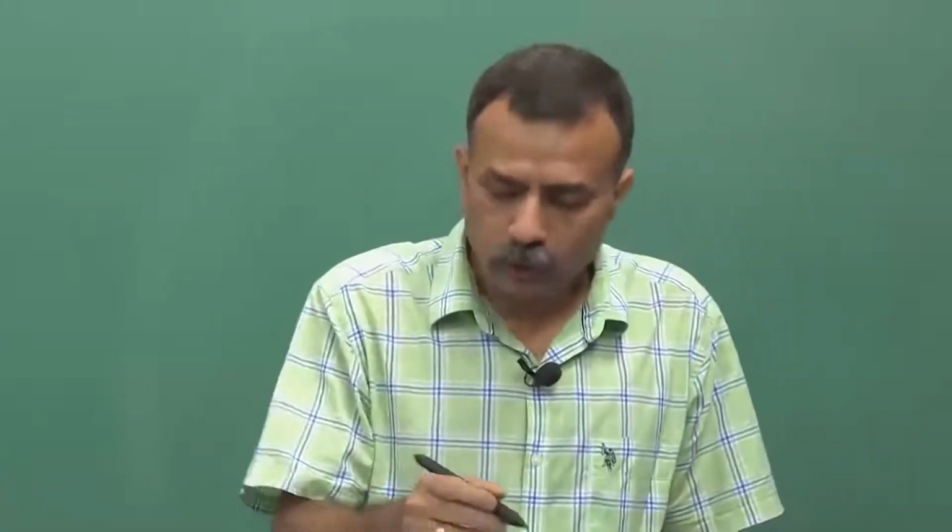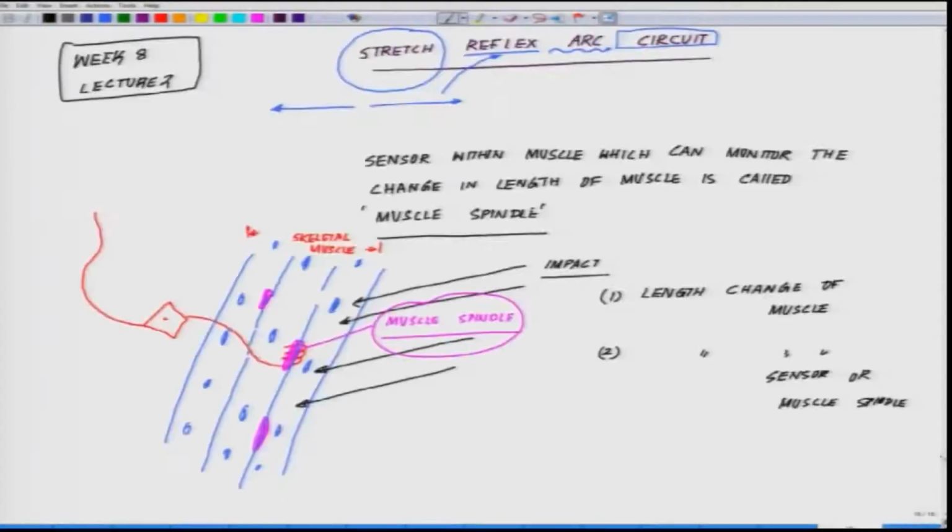But what we know for sure is that this huge chunk in blue forms the extrafusal muscle, or extrafusal myotubes, extrafusal myofibers, whereas this muscle spindle is the intrafusal fiber.